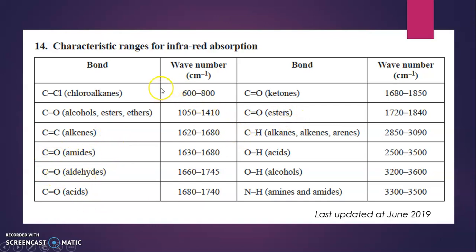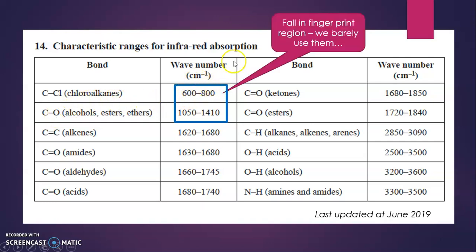First of all, I want to draw your attention to this: although we are given the absorption bands for chloroalkanes and alcohol, ester, ethers, the carbon-oxygen single bond, their absorption bands fall into the fingerprint region, so we barely use them because there are too many absorptions there. We can't really tell which one it is, or we can barely tell if it exists or not. So these two sets of data, we don't normally use them.